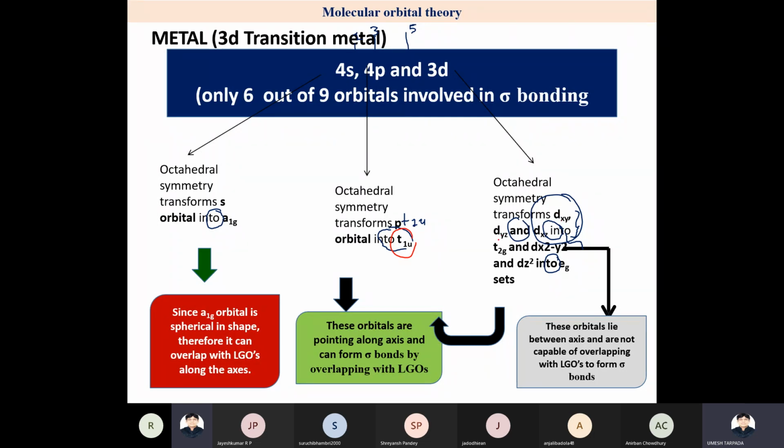And then dxy, dyz, and dxz, and another set is the eg set. So two different sets are there. Which set is responsible for the sigma bond? The eg set. So here the eg set is responsible for forming a sigma bond. Here it is T1u and here it is A1g.